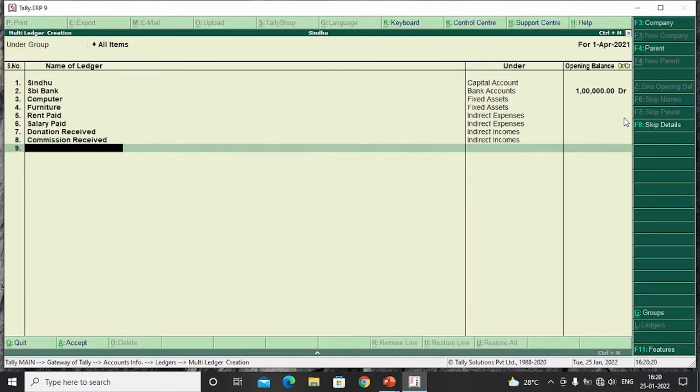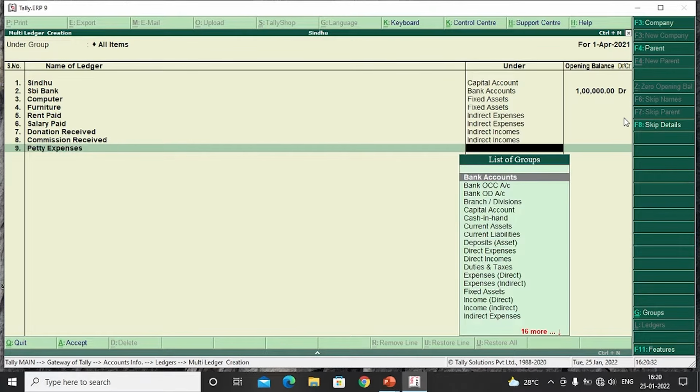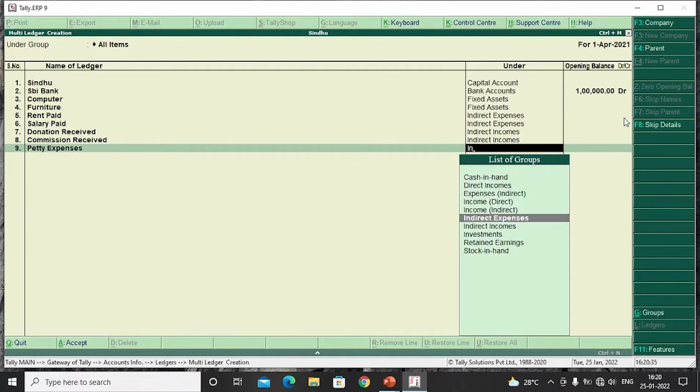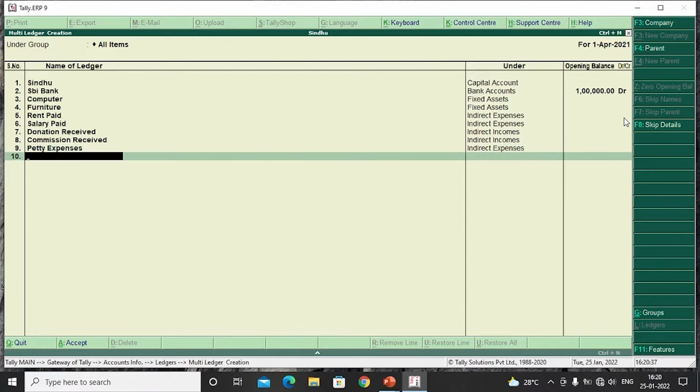Computer purchased. We have already created the ledger named computer, so no need to create it again. Petty expenses is also an indirect expense. Interest received through bank.